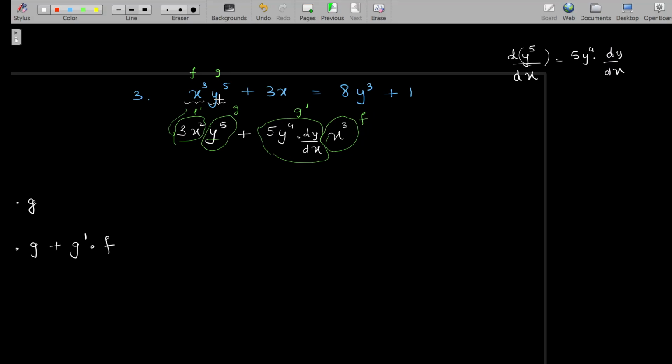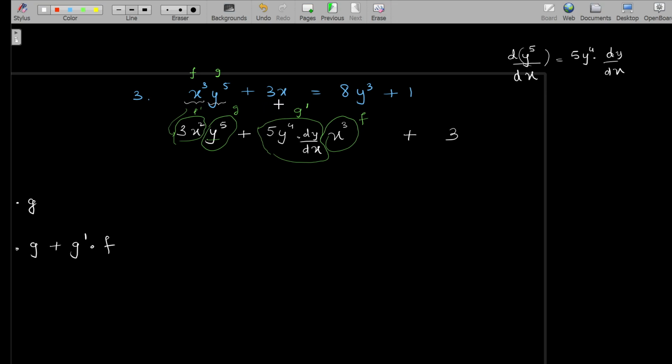Okay, so this is derivative of the first term, then derivative of 3x. For 3x, will it just be 3? Yes, derivative of 3x. Remember, we are differentiating everything with respect to x.